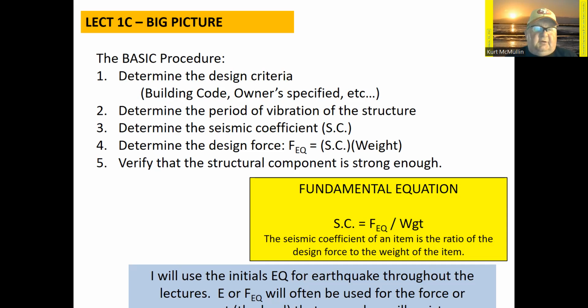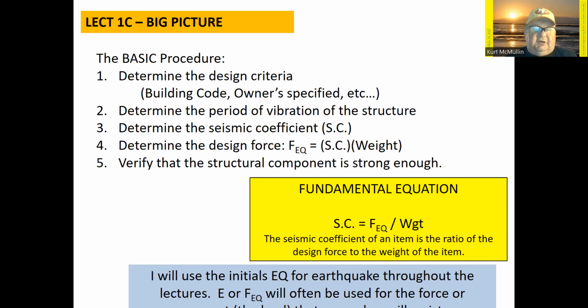Now we determine the period of vibration of the structure. We determine the seismic coefficient, and then the design force is defined as the seismic coefficient times the weight of the item we're designing. And then the final step, we verify that the structural component is strong enough to resist whatever forces we expect it to have applied.